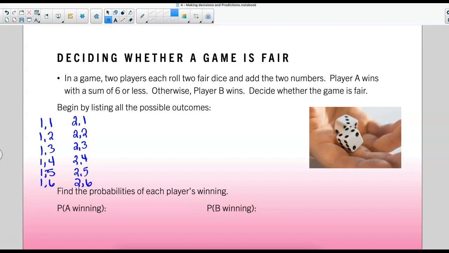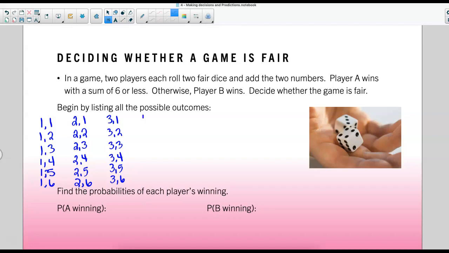So far, so good. We could roll a 3 and a 1, 3, 2, 3, 3, 3, 4, 3, 5, and 3, 6. You're seeing the pattern?